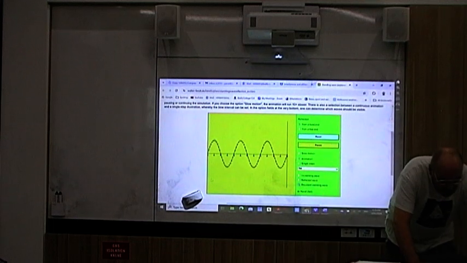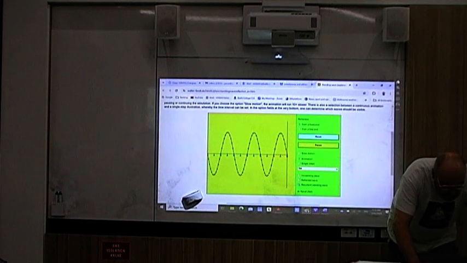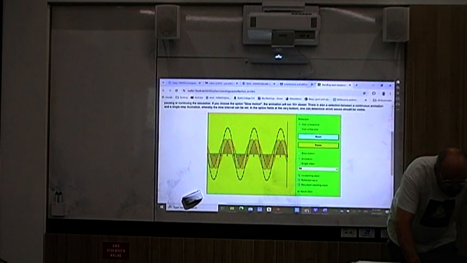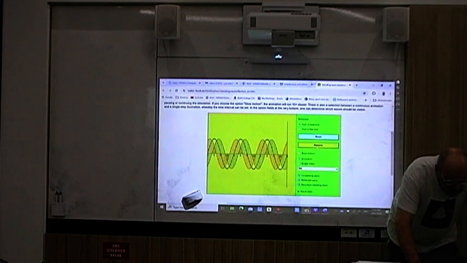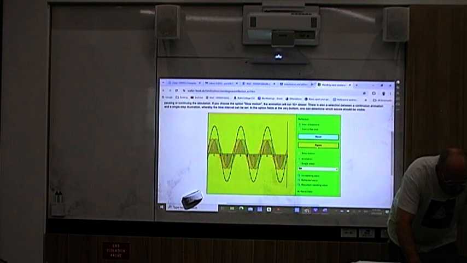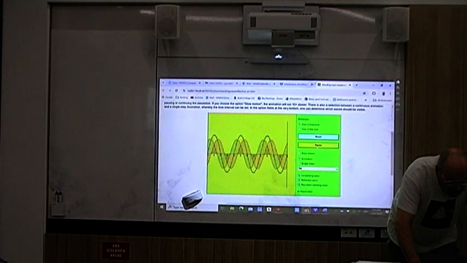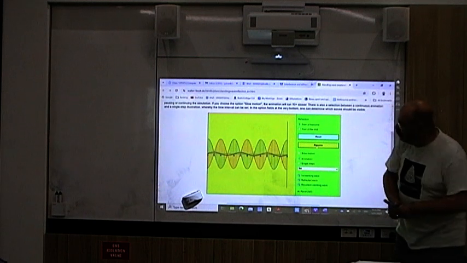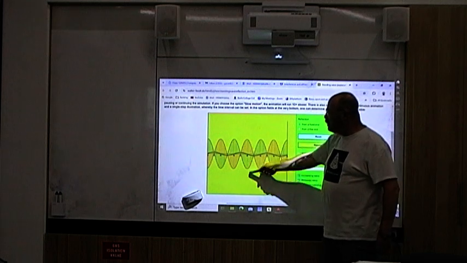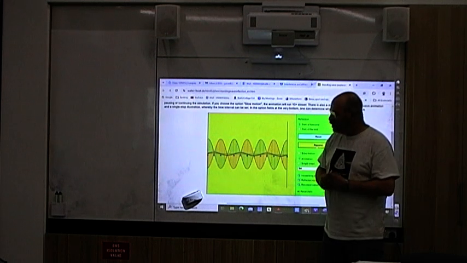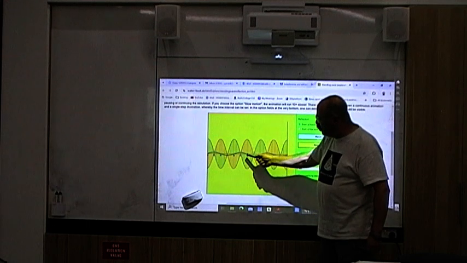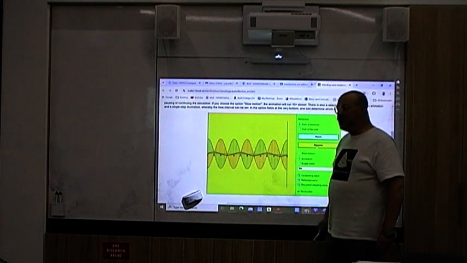Again, I'm showing you two waves, and I will pause so you will be able to see. Where there is a node, they always meet each other in the opposite direction. That's why where there is a node, we have destructive interference.